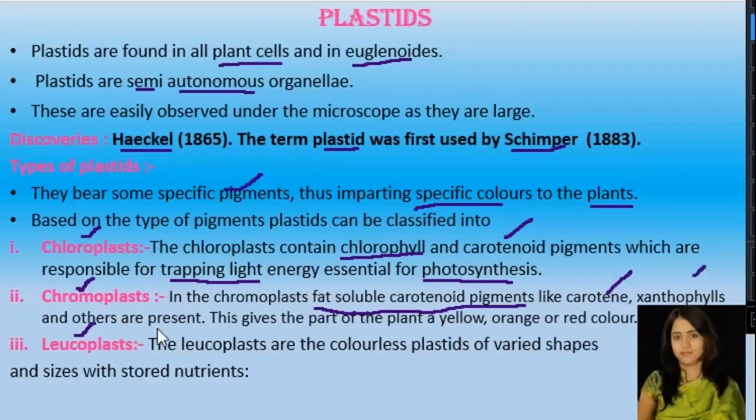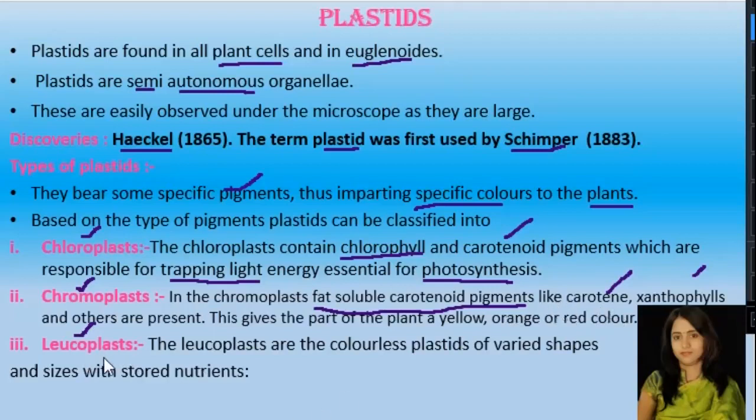These chromoplasts provide different colors to the different plant organs. They impart colors like yellow, orange, and red. Later we will understand which pigment is responsible for the red color of the petals or the red color of chilies and the orange color of the carrot.